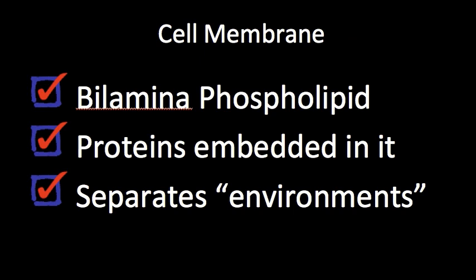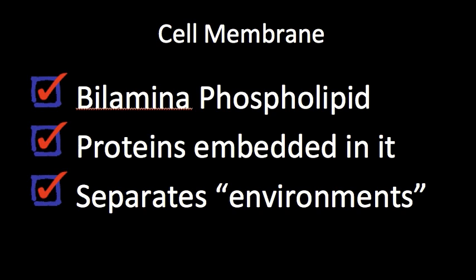Now, the first part of a cell I'd like to talk about is the cell membrane. This is the bag that contains the intracellular components and keeps the outside environment out. So the cell membrane is the outer limit of a cell.